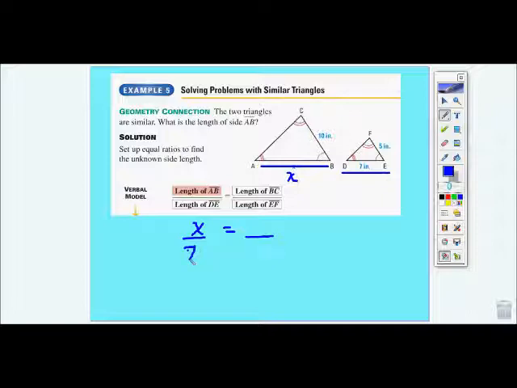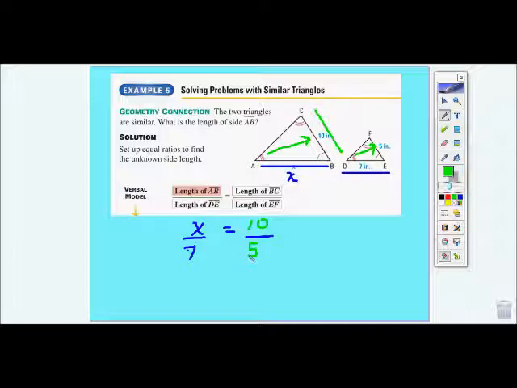Now I'm going to do another set of corresponding sides. I'll set it up the same as they did. So they did BC. So BC is 10. And BC corresponds with the 3 arcs here. So that corresponds with 5.